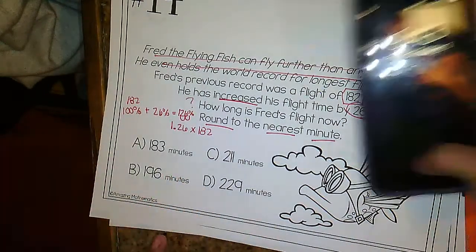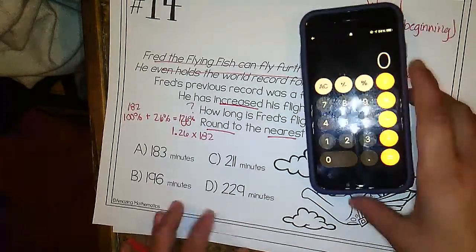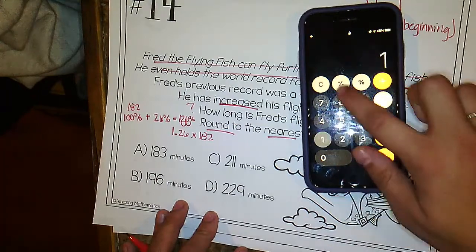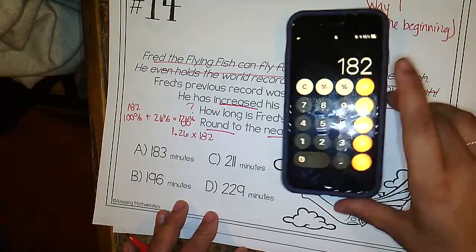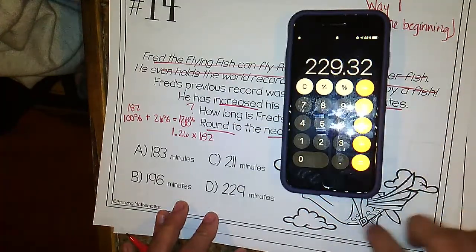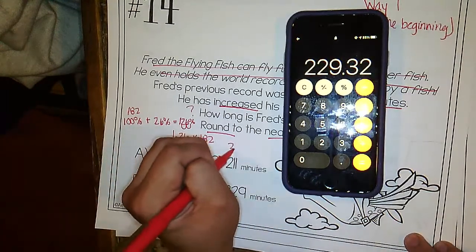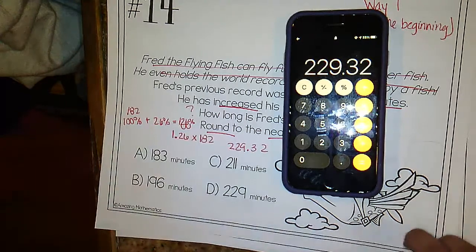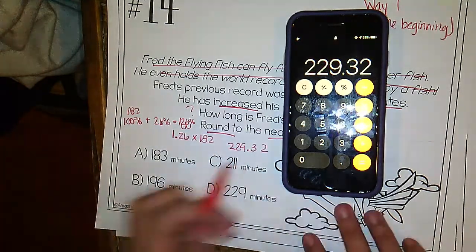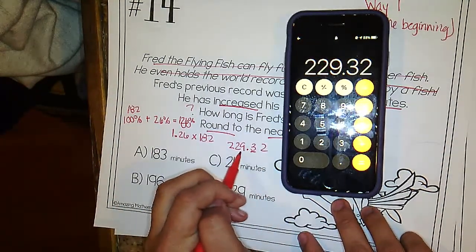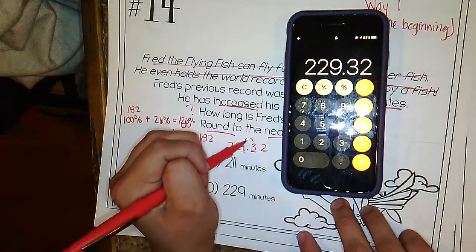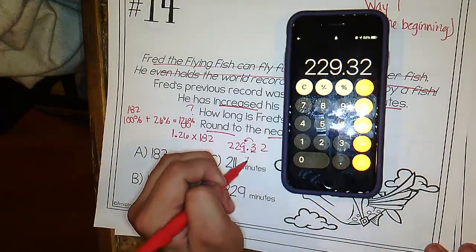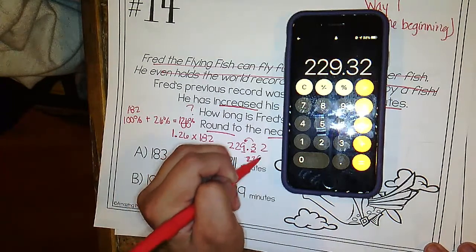I am going to multiply this in my phone. So I have 1.26 times 182, and that's going to give me 229.32. Now, if I'm rounding to the nearest minute, I'm going to look right next to that whole number. That's 5 or below, so it doesn't round up. It'll stay down, 229.